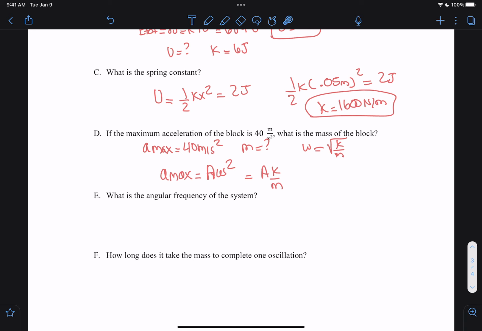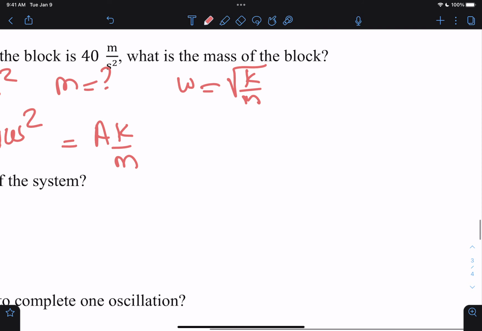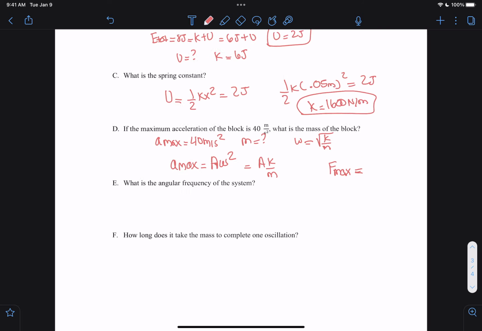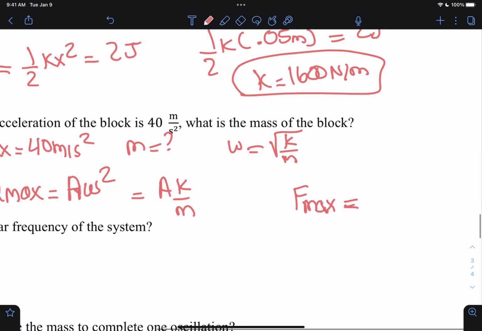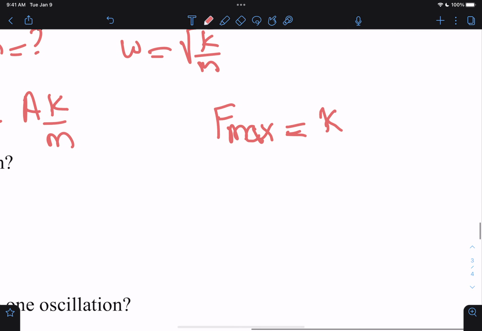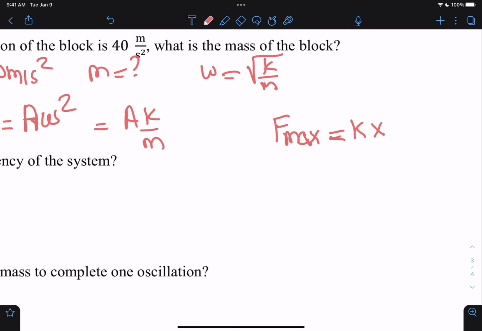Multiply the mass over and divide by the acceleration to get the mass. That's what I meant. So that's a way of doing it. The other way I'm considering, but I'm not sure if it's quite right, is that if you have F max, looking at a spring, there's the spring force, kx.